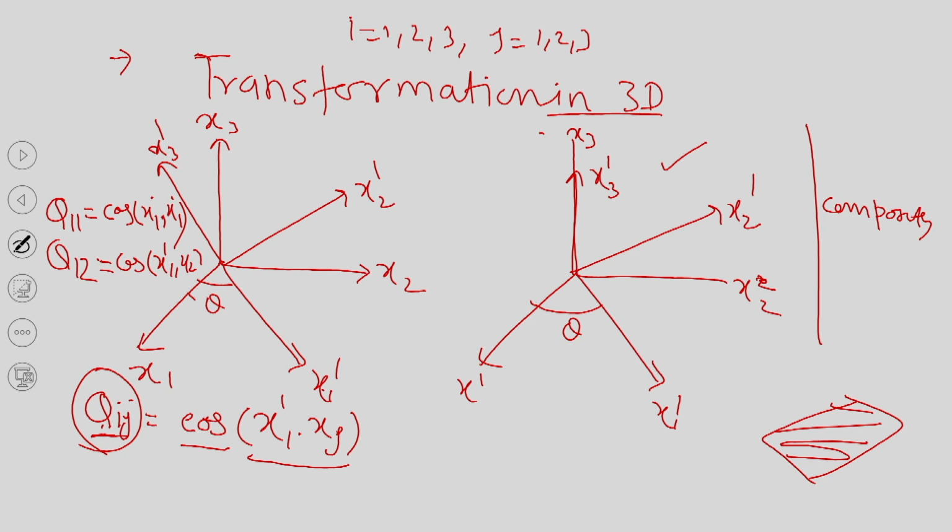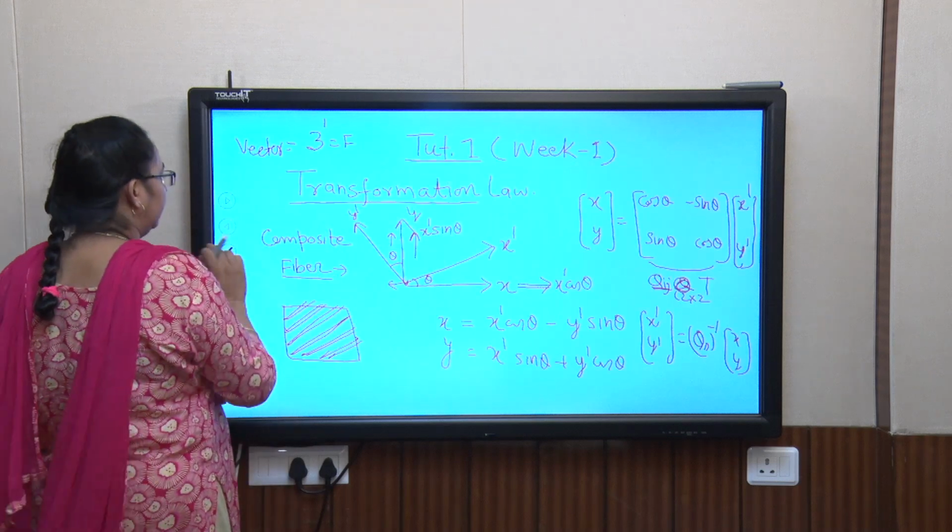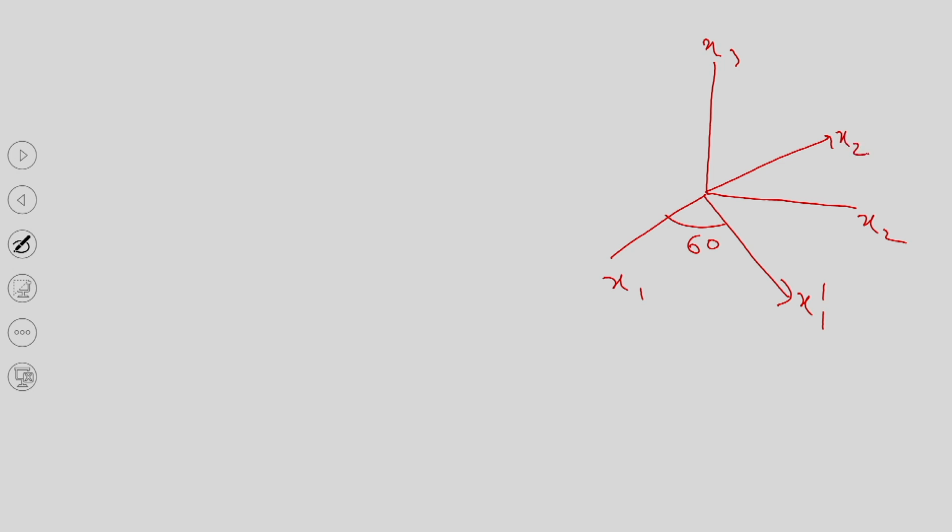Now, I am going to implement a numerical. Let us say your x1, x2, x3 and another x1 dash is making an angle of 60 degrees with the x axis, and this is x2 dash, and x3 dash is the same as x3. Now, you have to evaluate the Q matrix.